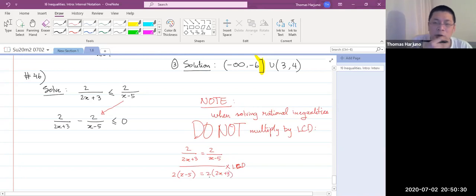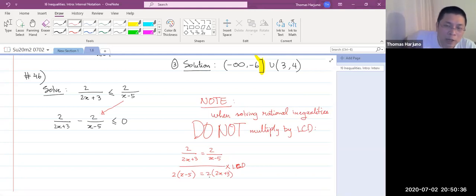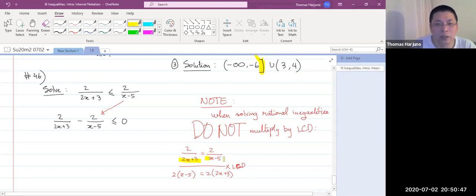The reason it was doable there and not here is because in an equation, it doesn't matter what the sign of 2x plus 3 and x minus 5 is.